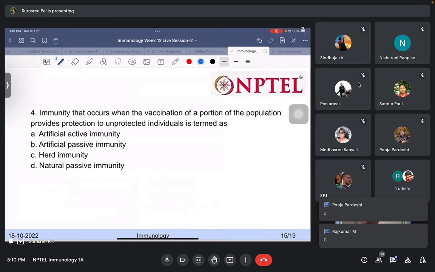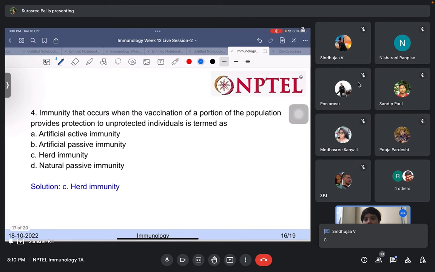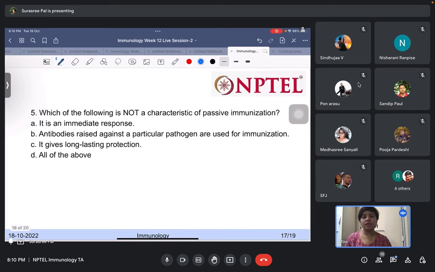Correct. So the answer is herd immunity. Okay, moving on to the last question for this session as well as for this whole run of the course, which is not a characteristic of passive immunization.